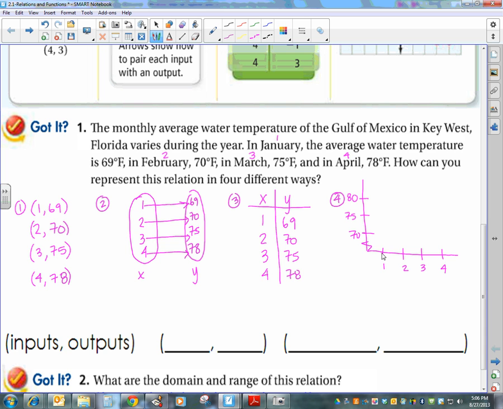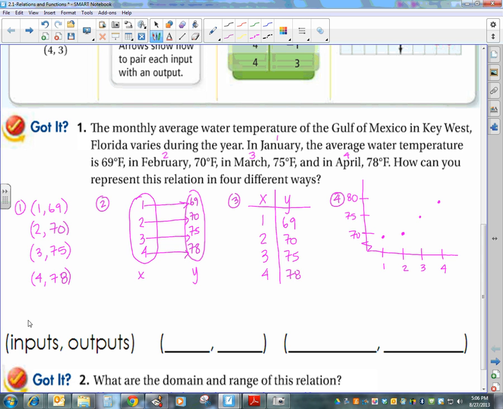So at 1, it's 69, so I'm going to graph 1 and go just below 70. At 2, it's 70. At 3, it's 75. And at 4, it is 78. Just some dots, don't need to connect them, but we have represented this relation in four different ways.